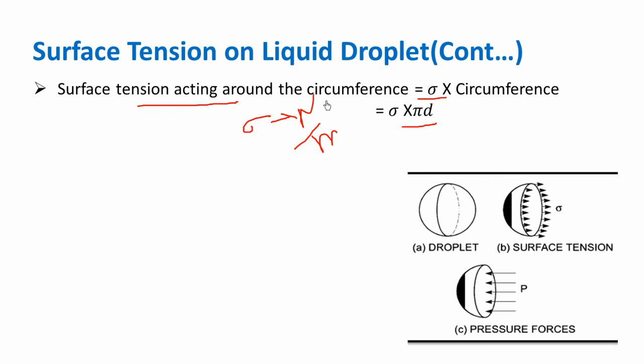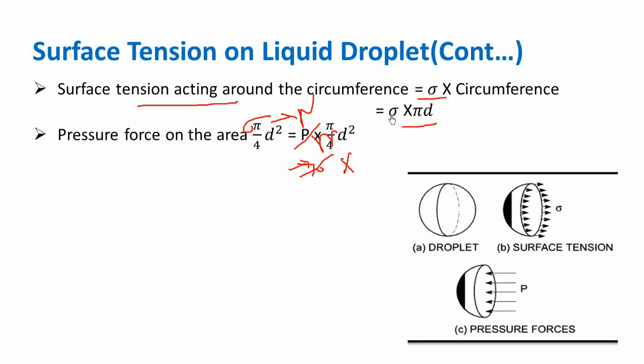If you want the surface tension force, we multiply sigma by a one-dimensional length, that is pi d. So sigma into pi d gives us the surface tension force acting on the circumference.